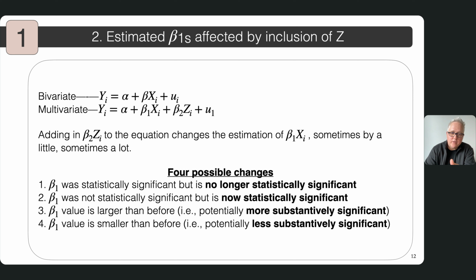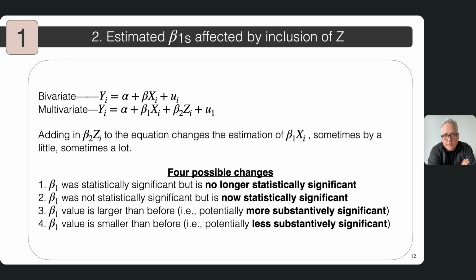The initial estimated relationship is statistically significant in a bivariate model, but it's no longer statistically significant when you control for other factors. I think this is probably one of the most common outcomes I see when I add additional variables in my models. Or it could go the other way: the initial estimated effect of x on y was not significant initially, but becomes statistically significant when you control for an additional factor.